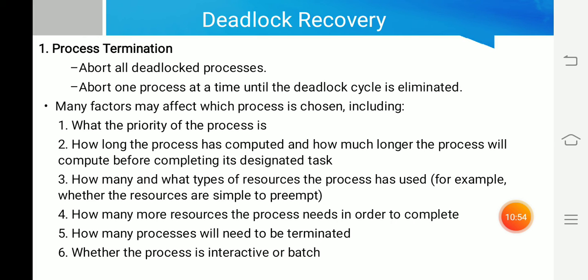Interactive means it is continuously coordinating with the system and wants continuous input from the system. In a batch process, all the inputs are given at the start and then the process is executed. So you can choose which process to abort, interactive or batch.